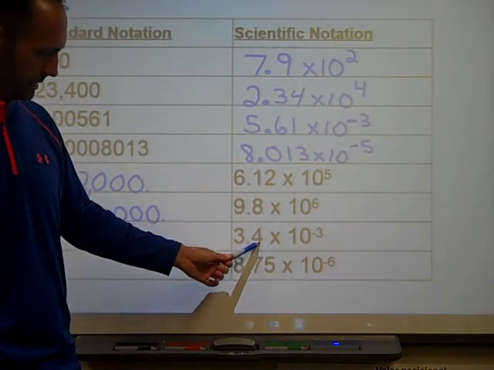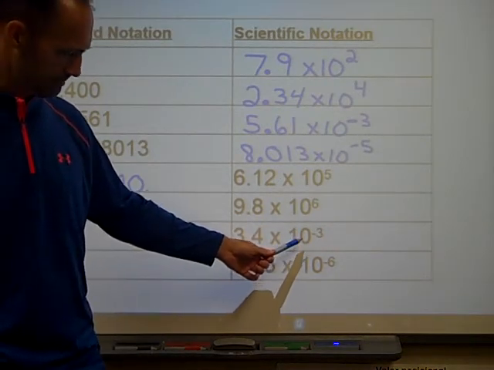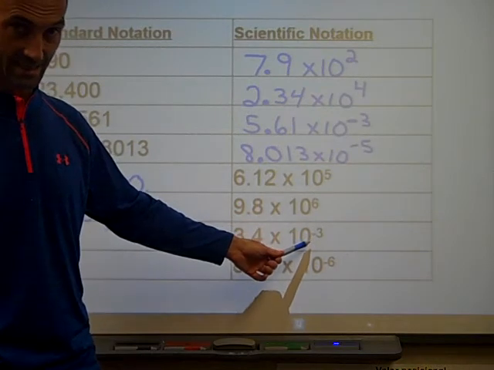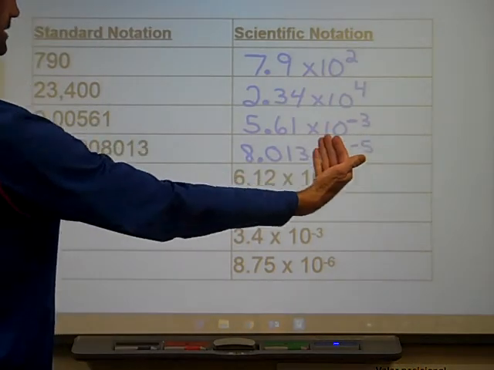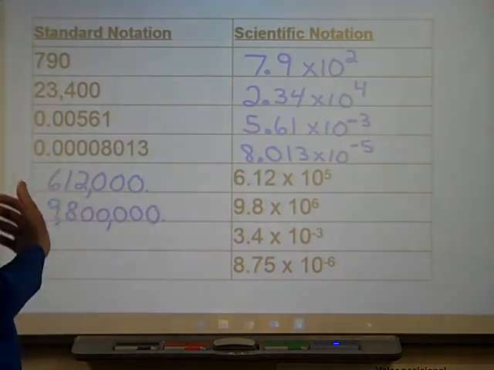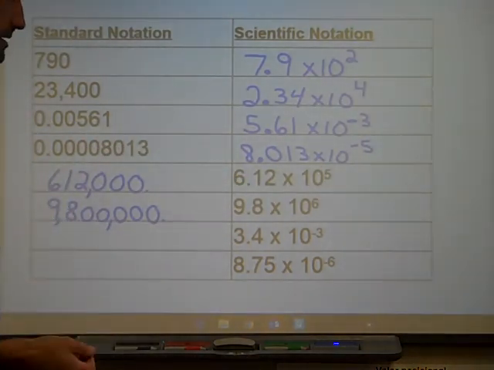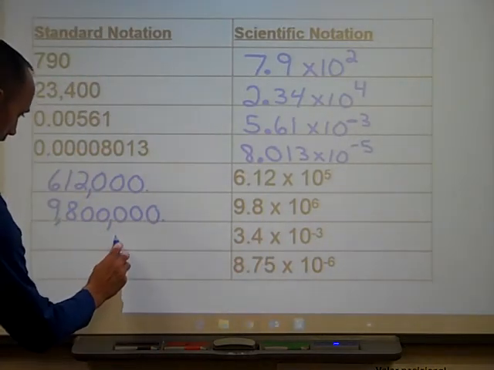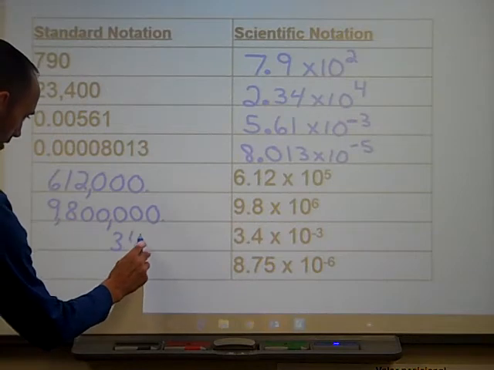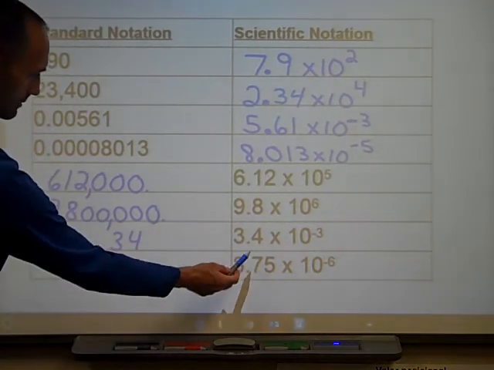Here, we look carefully, it's times 10 to the negative 3. Negative 3 means the decimal is going to go to the left. It's going to go to the left. And in this case, it's going to go 3 places to the left. So I'm going to put 3 and 4 there, right?